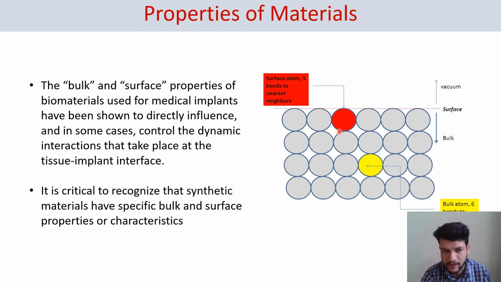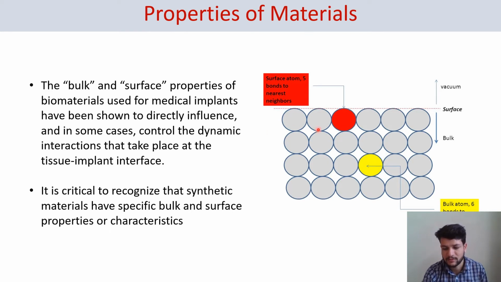For example, a biomaterial implant is implanted. Its surface properties and bulk properties may change over time after some time when they are implanted. So overall, we study these surface and bulk properties over the whole life of these biomaterials.